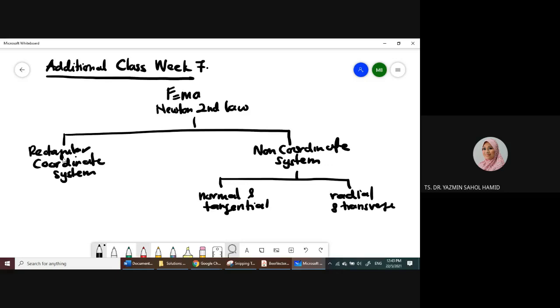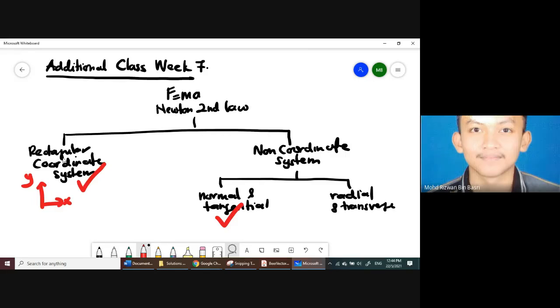Basically, for the rectangular coordinate system, where you resolve in the X and Y components, I have taught you. Have I? Yes. For the normal and tangential, we did it in our class on Tuesday. We did one example, right?